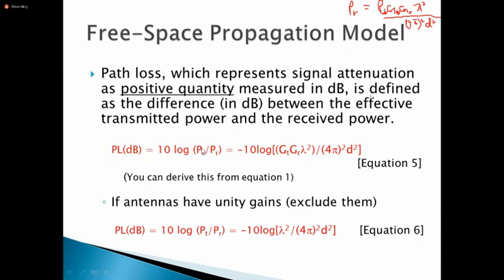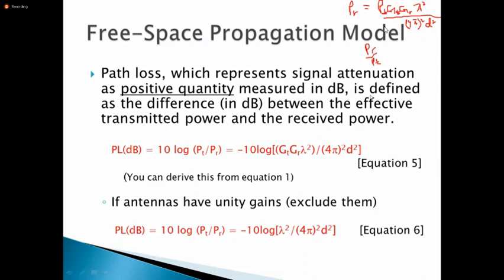What is loss? Loss is the ratio between the transmitter and the received power in decibel scale. So loss එක කිව්වම PR divided by PT. That is the ratio, right? Between the received power and the transmitted power. And when we take it in the decibel scale, we will get the loss. හරිද?